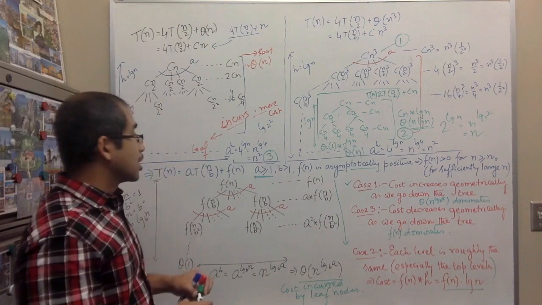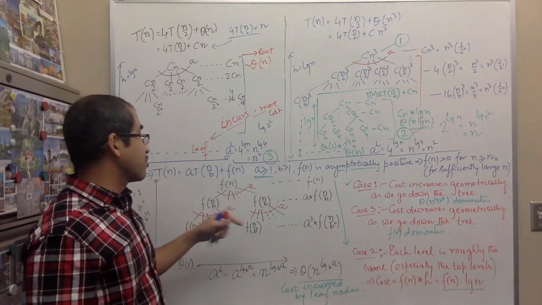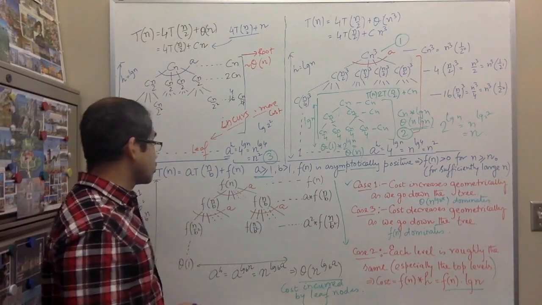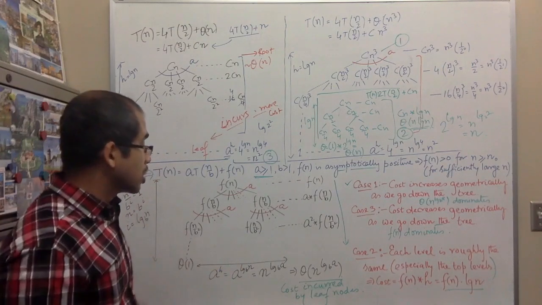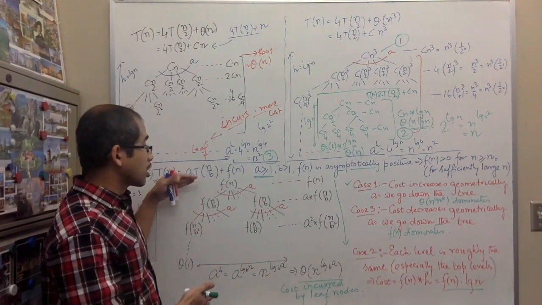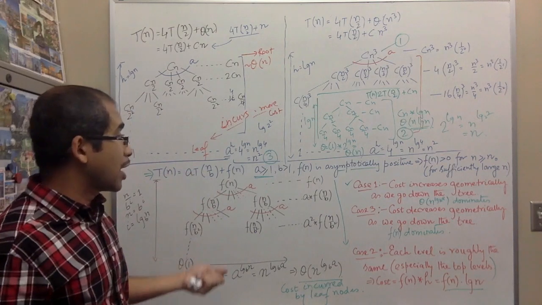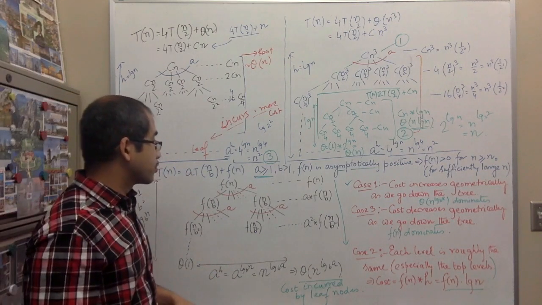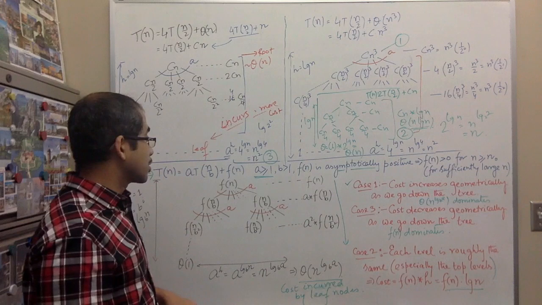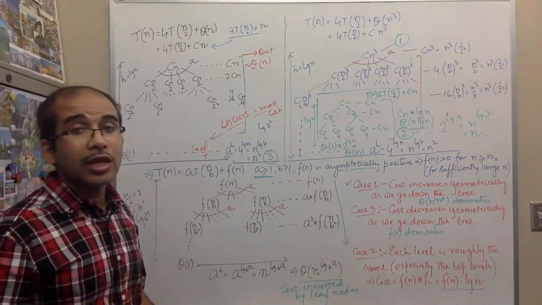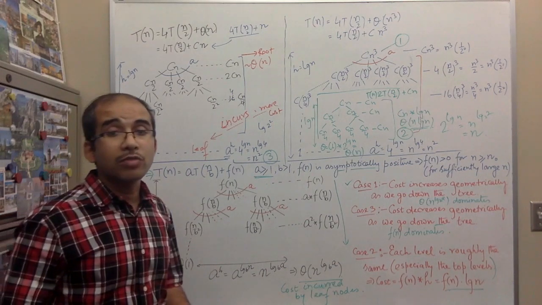In that case, we take the cost for any level and multiply it with the height of the tree to get the total cost. Whatever the highest growing cost function is will determine the time complexity of the recurrence relation, as this is asymptotic analysis and the highest growth rate function is the most important one.